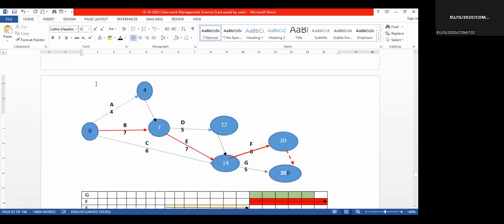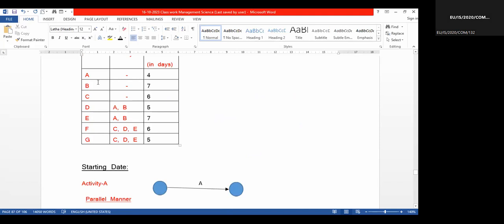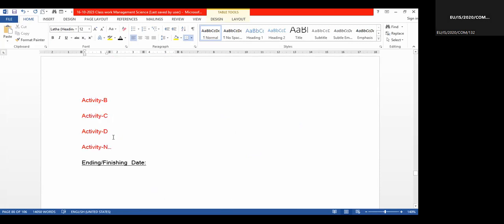B, E, F. All are critical activities. Those activities cannot delay, but A can delay, C can delay, D can delay some days.